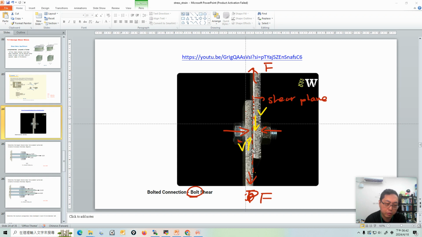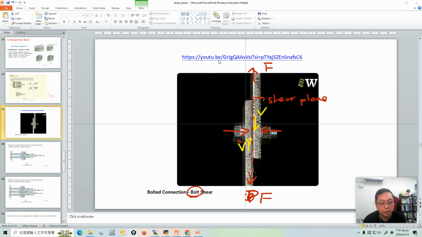You apply the load here and apply the force in this way, and a shear force will be generated in the contact area. But we will explain in detail in the example.